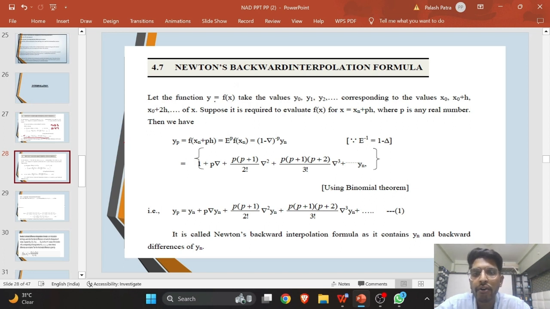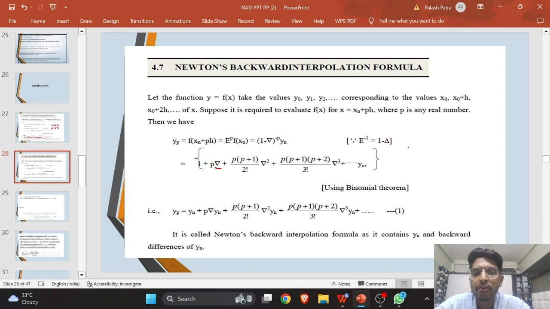Let the function y equal to f(x) take the values y0, y1, y2, corresponding to x0, x0 plus h, x0 plus 2h, and so on. And then we use the nabla operator.